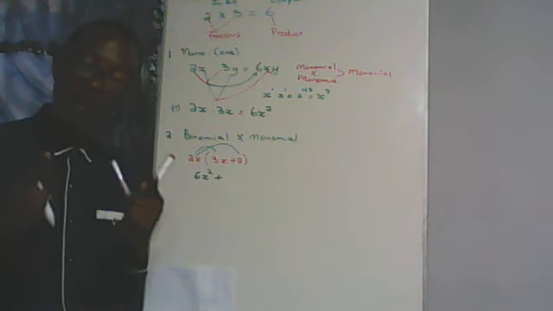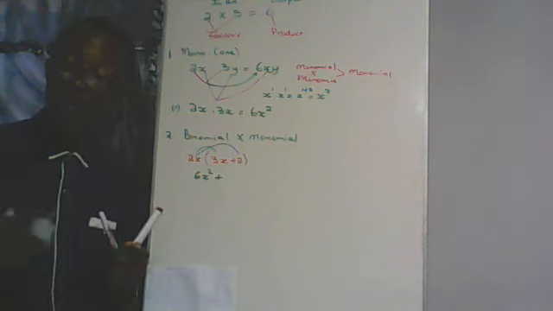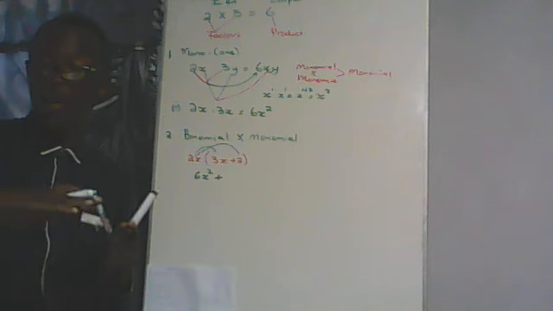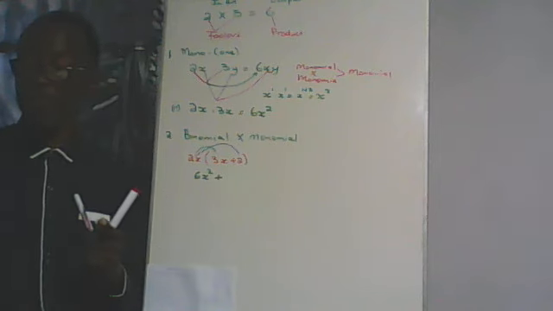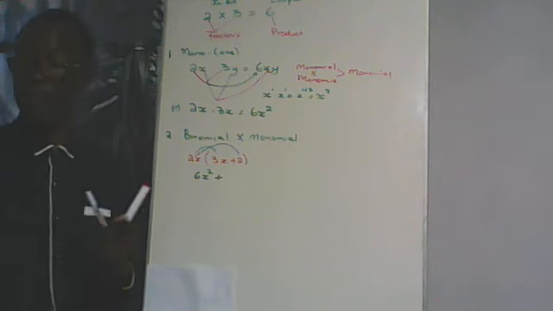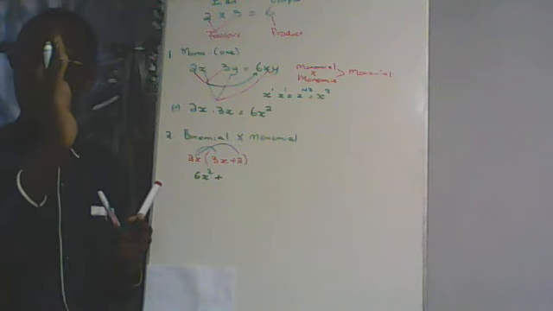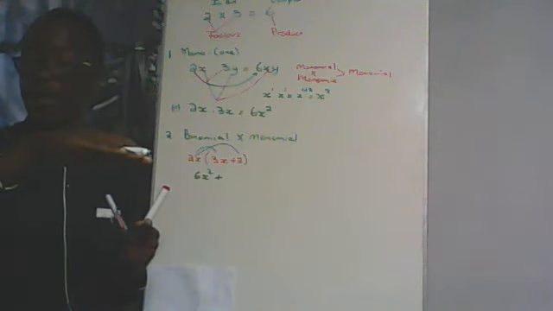If you multiply two unlike signs, you get a negative.